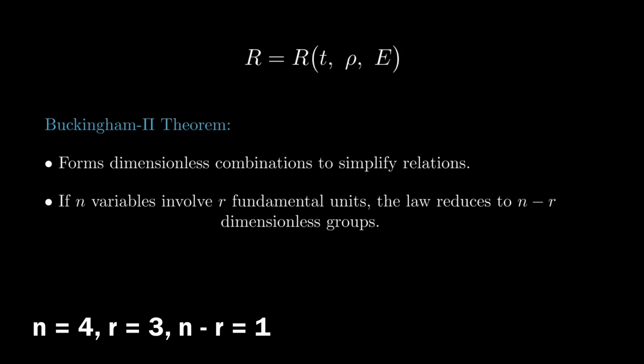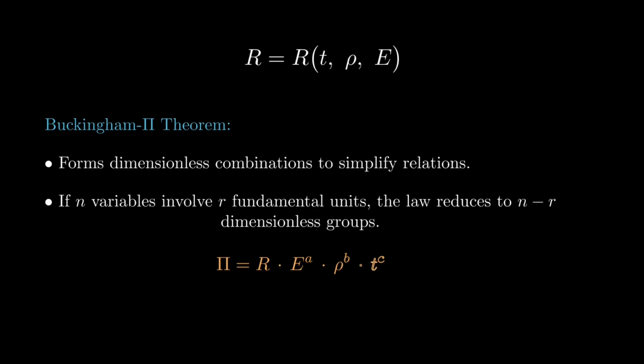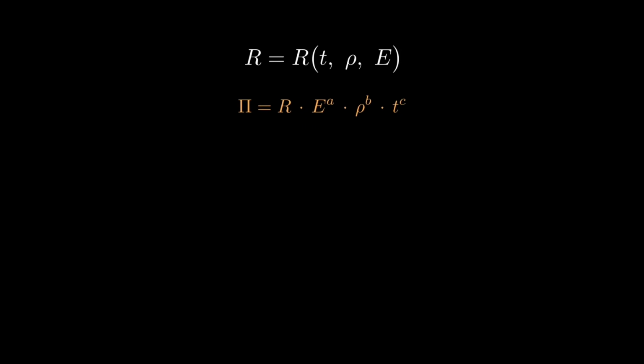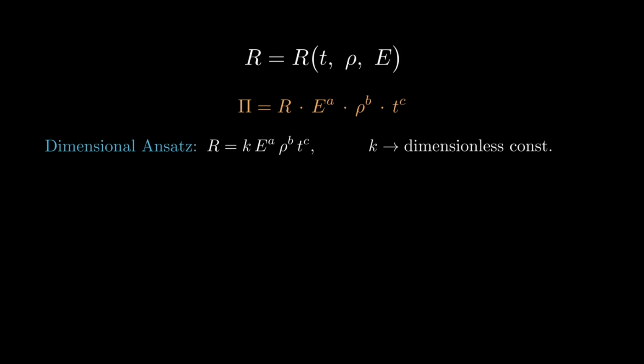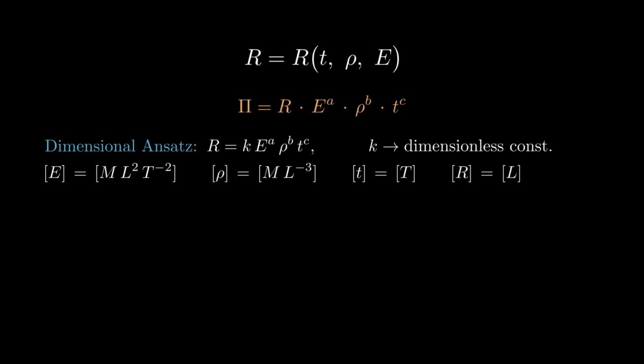So just one pi group can exist, and we are free to choose it as pi equals r times E to the power a times rho to the power b times t to the power c. One pi group means the blast radius must collapse onto a single power law, and thus we can write r equals k times E to the power a rho to the b t to the c, where k is a dimensionless constant, and hence obtain a, b, and c by dimensional balancing as we've previously done.